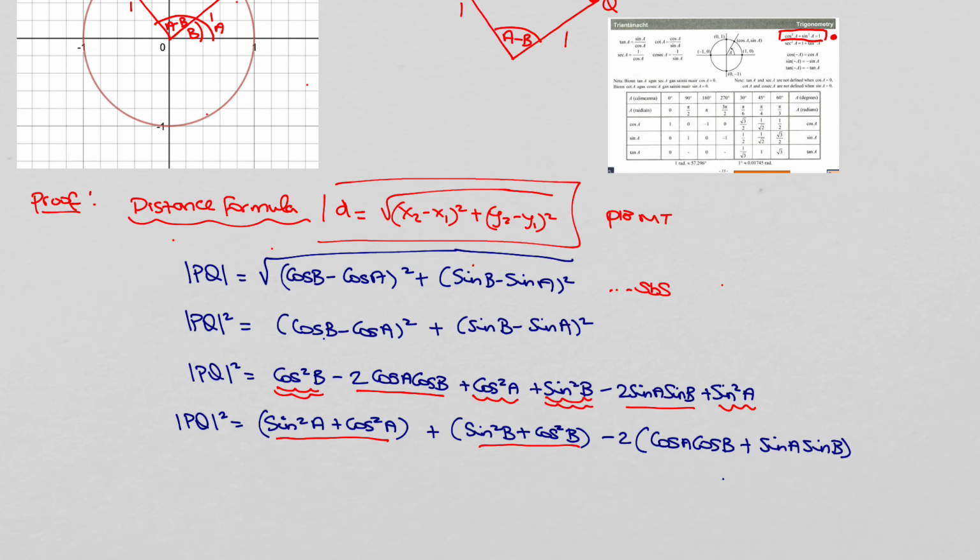So cos squared a plus sin squared a is equal to 1. So therefore sin squared a plus cos squared a is the same as cos squared a plus sin squared a. So that means that that first bracket is 1. The second bracket is also 1. And therefore that's going to be 2.